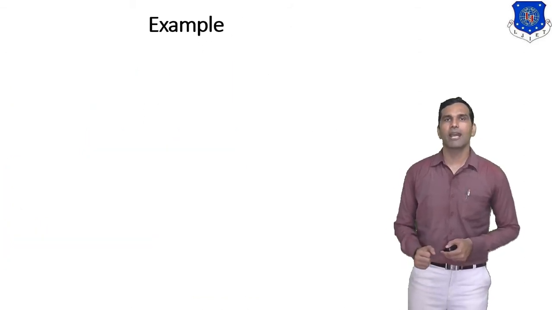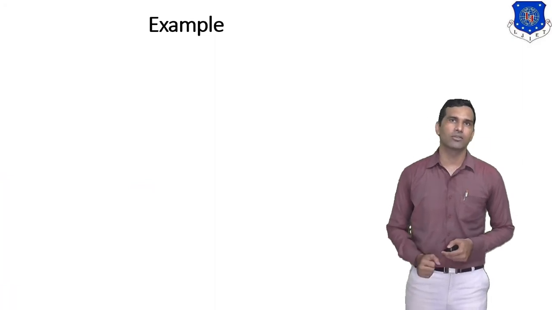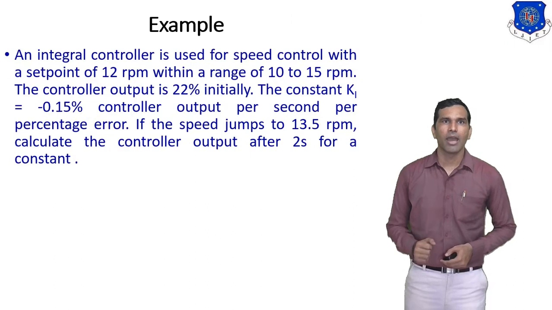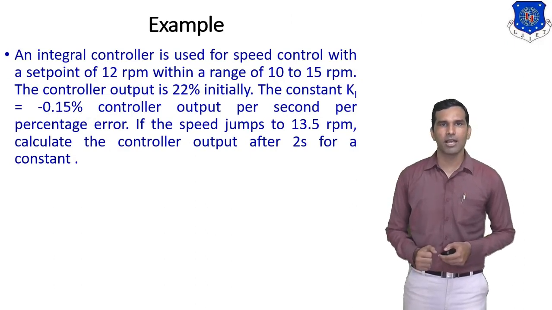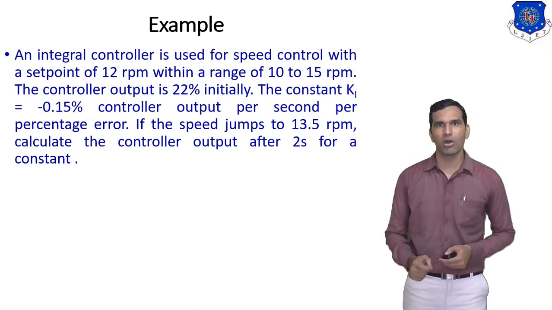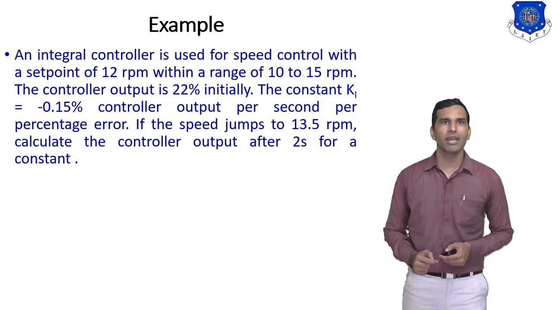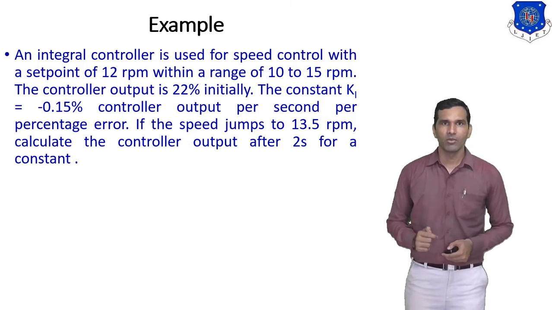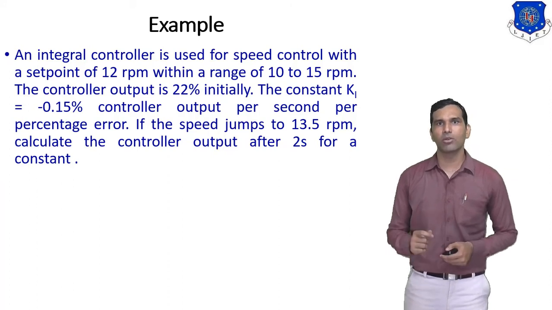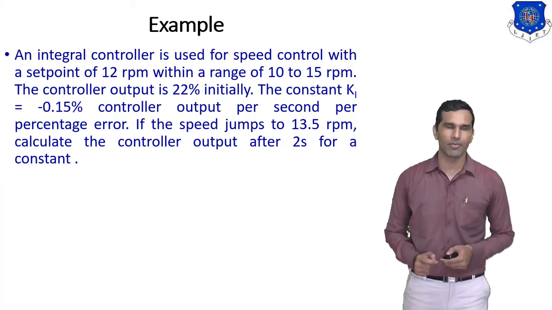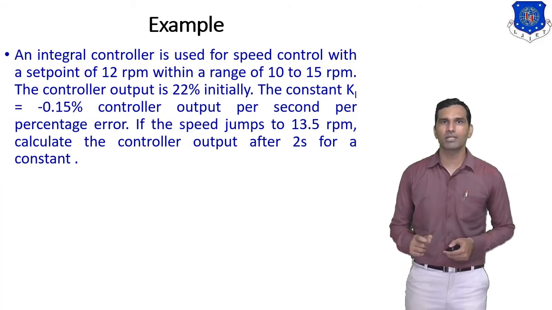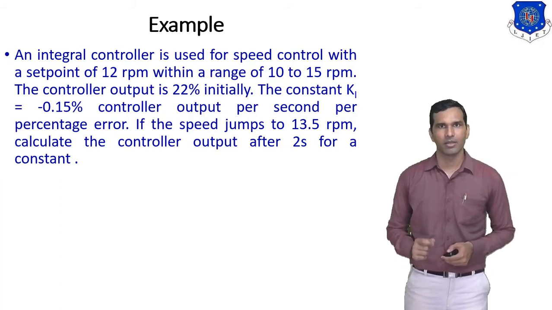Now we discuss one example of integral control mode. Here an integral controller is used for speed control with a set point of 12 rpm within a range of 10 to 15 rpm. The controller output is 22% initially.